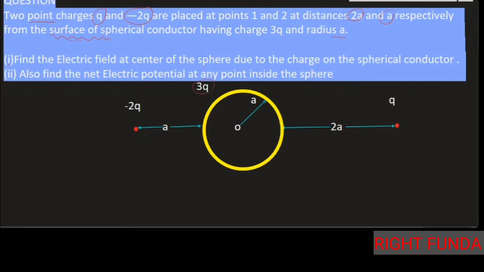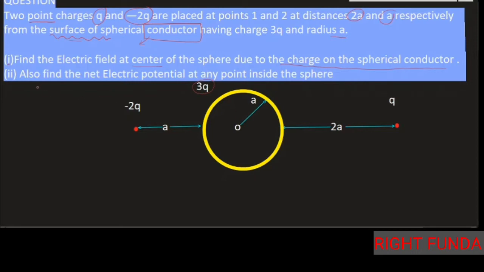And here the word to remember is spherical conductor. This is a conductor, so from that you should get the clue. Find the electric field at the center of the sphere due to the charge on the spherical conductor. Only that, due to the charge on the spherical conductor.